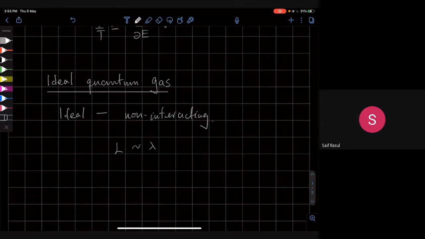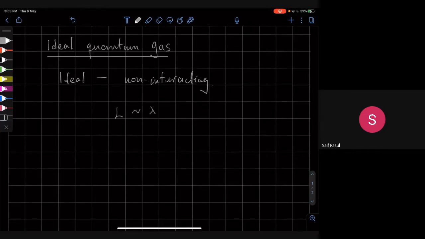One is, what type of particles do we have? So the type of particle, meaning their spin, mostly their spin.